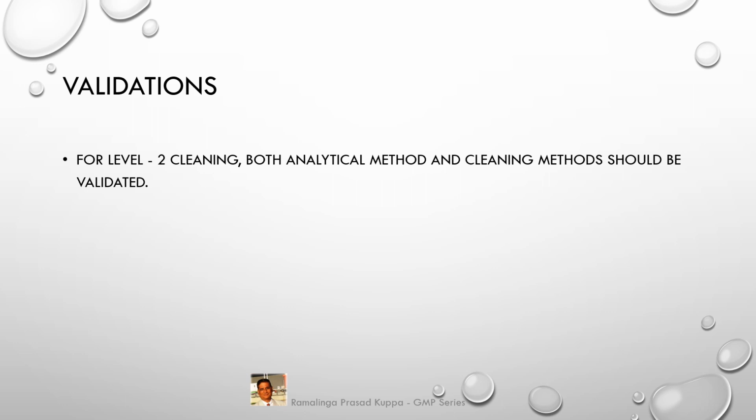The swab and rinse limits should be met. The validation project should also include the detailed training requirements. The analytical methods should be validated. Limit of detection and limit of quantitation values must be established carefully as it is necessary to determine ppm levels of impurities.